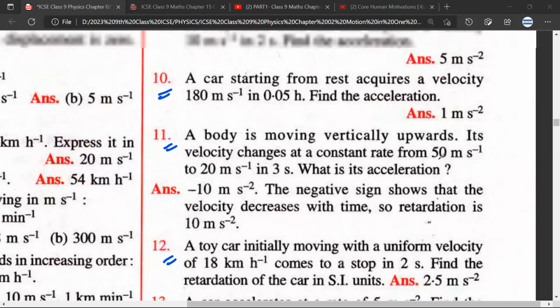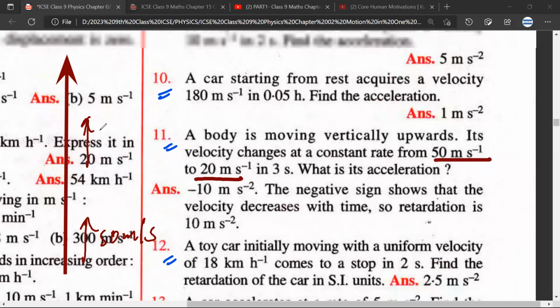See, what you need to understand is that this will be very important for you in class 10th, class 11th. When you say that this is 50 meter per second, and when you say that this is 20 meter per second, there is an assumption that you are making, and that assumption is that up is positive.